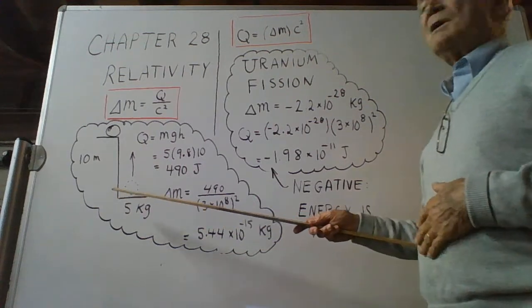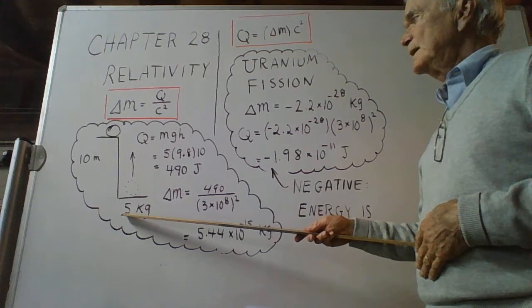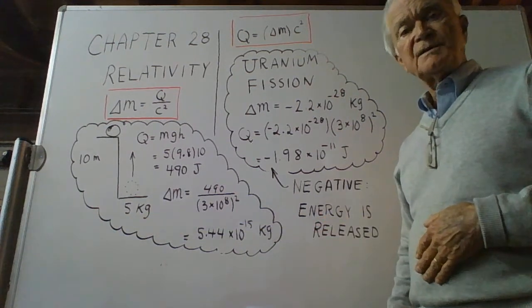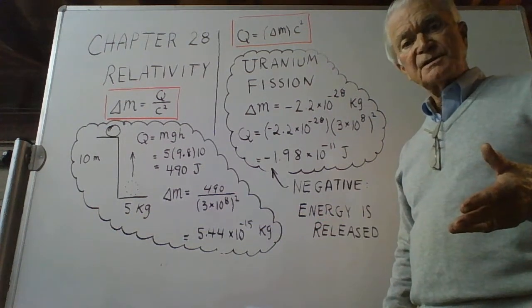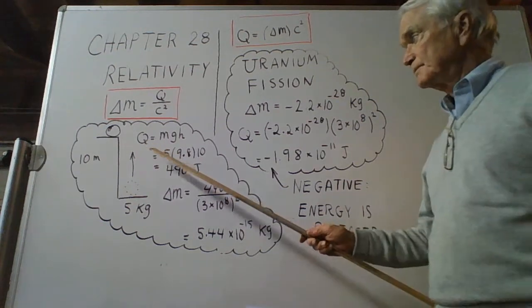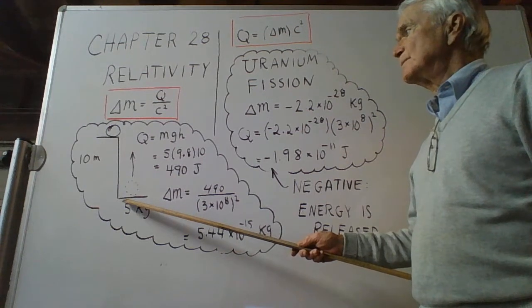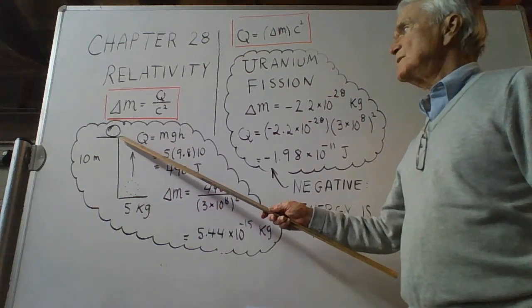Here's an example of a 5 kilogram object gaining energy, in this case gravitational potential energy. The 5 kilogram object on the ground floor is pushed up a 10-meter tall building.